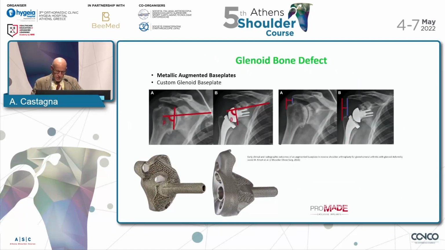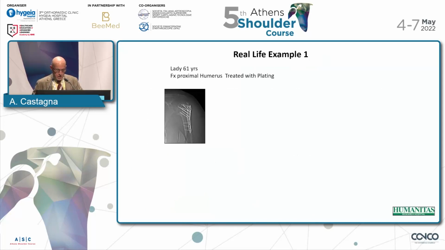If you have a glenoid bone defect, a metallic augmented baseplate may help in order to correct the anatomy that is wrong or what you are missing, and you may have a custom-made glenoid baseplate. Some examples in my life: a lady, 61 years old, with a fracture of the proximal humerus, treated with plating.